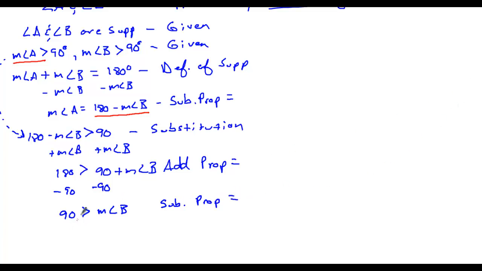Now, I've got a real problem here because right here, I said that the measure of angle B is less than 90. You see how the measure of angle B is now less than 90? But way up here, I said the measure of angle B was greater than 90. So I have a contradiction here. That's what this is. This is a contradiction.